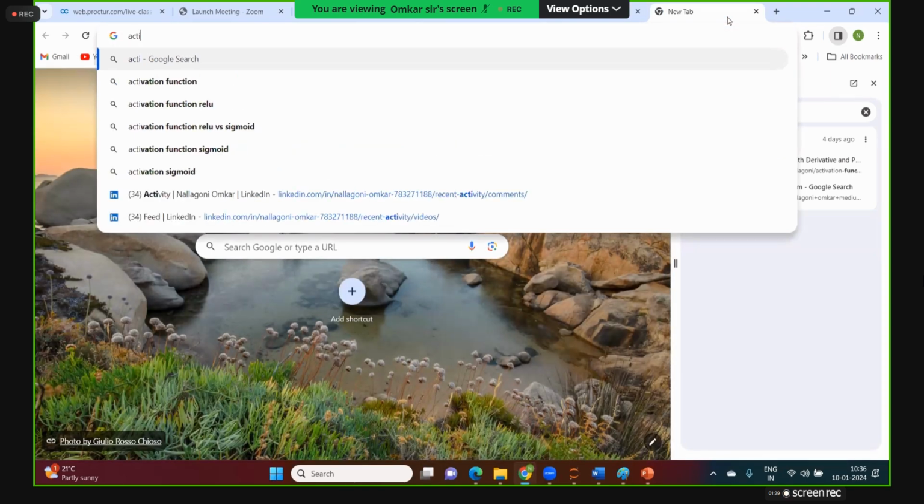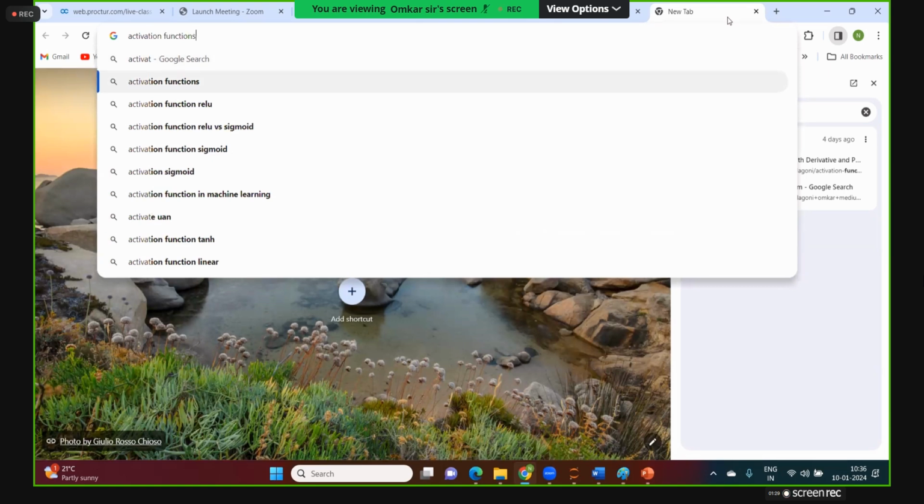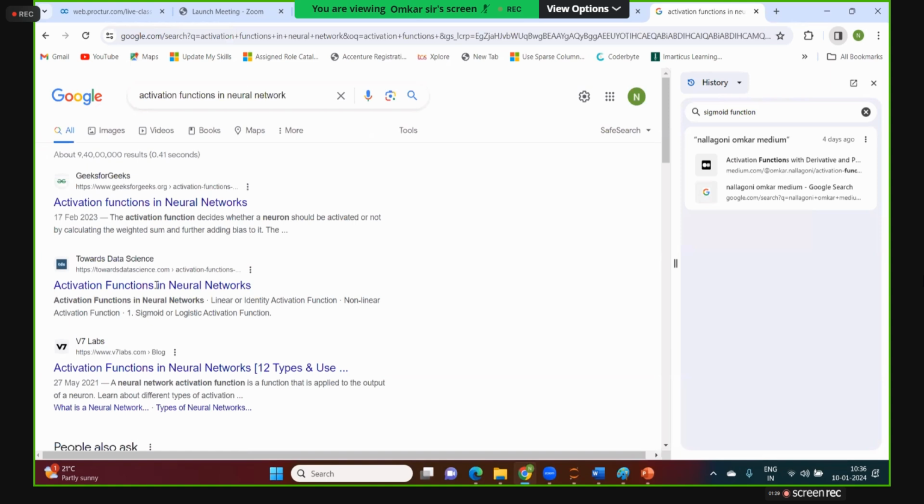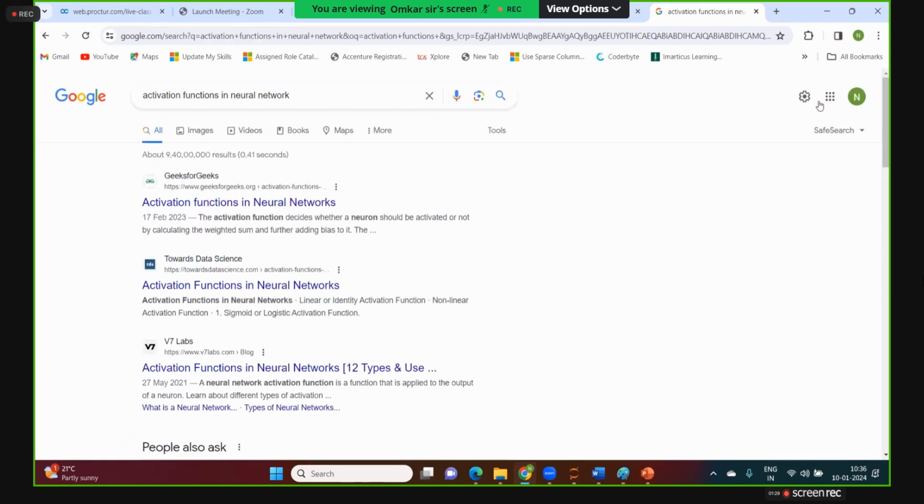Activation functions, there is a concept of activation functions in neural networks. In this, one activation function is called sigmoid. Again, when we learn deep learning, this concept will come again: the sigmoid activation function. So sigmoid is a non-linearity. Non-linearity means, think like this. Imagine your human brain.